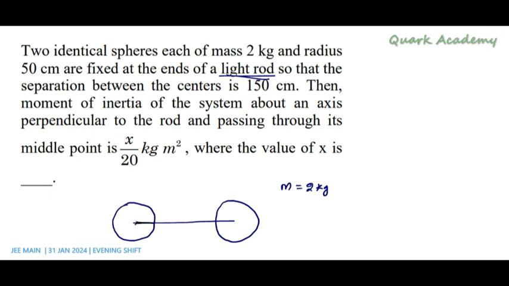So this distance is 50 centimeter. I can write it as 1 by 2 meters, and the distance between the two centers is 150 centimeter. Now we need to find the moment of inertia about this axis, which is perpendicular to the rod and at the middle point.